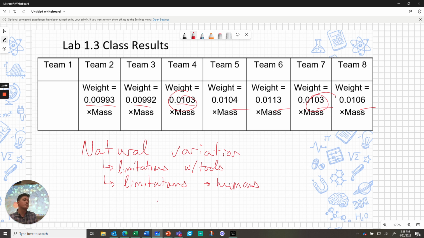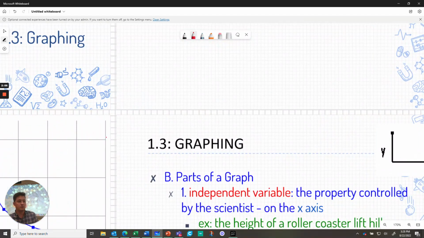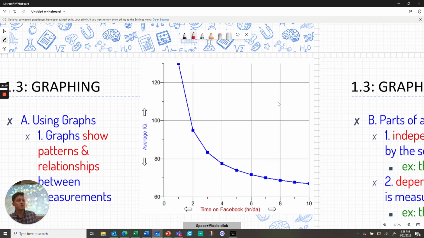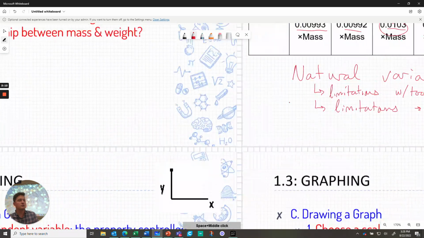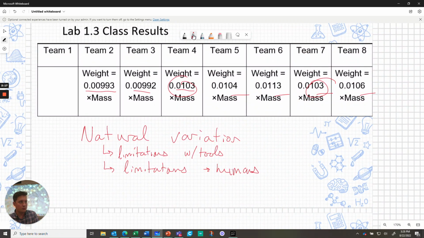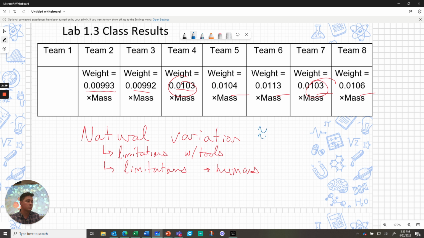It's pretty normal to not get the same answer all the time, especially when we're talking about physics and precision, right? The idea here is that you all are getting approximately the same answer. If we were to average this out, it would come out to an average of about 0.01.